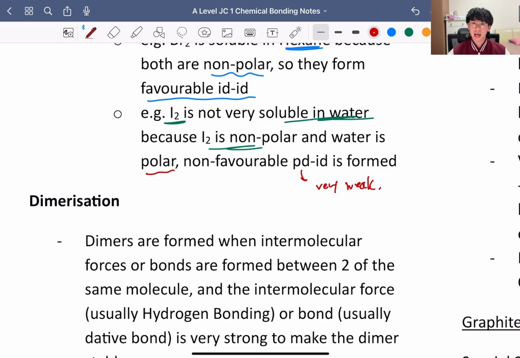And because of that, the energy formed from this new interaction is not enough to compensate the interactions within itself, right? We're talking about the dispersion, the IDID in I2 and the hydrogen bonding in water, which are very strong. And because of that, your I2 tends to not be soluble in water.